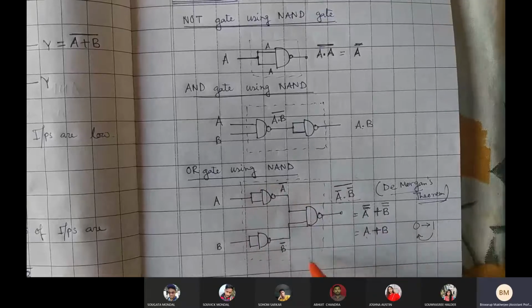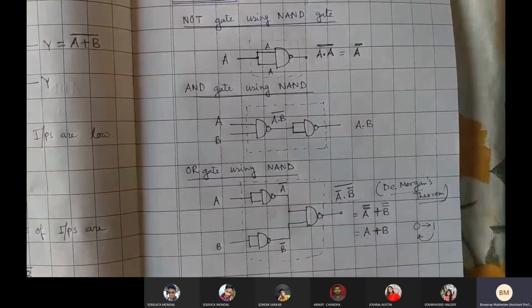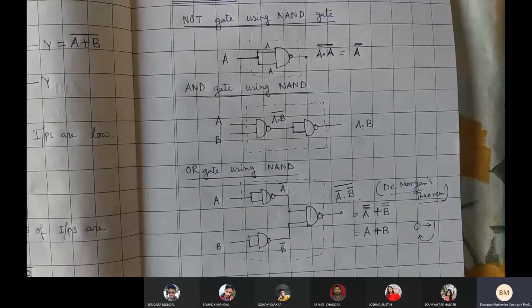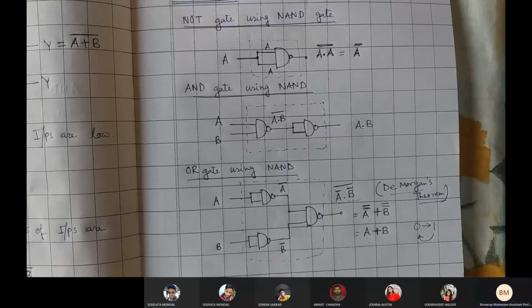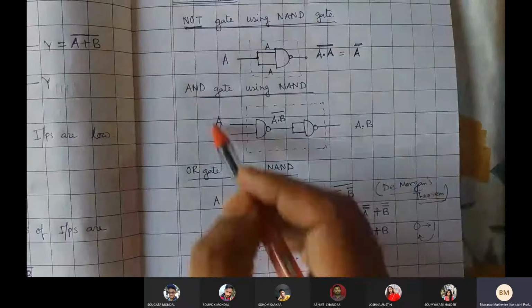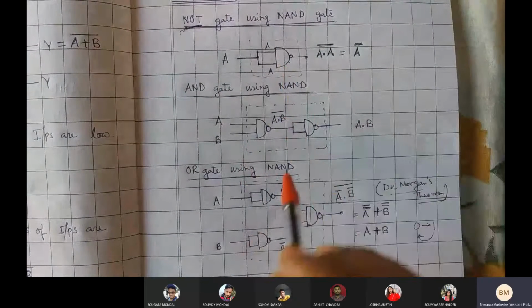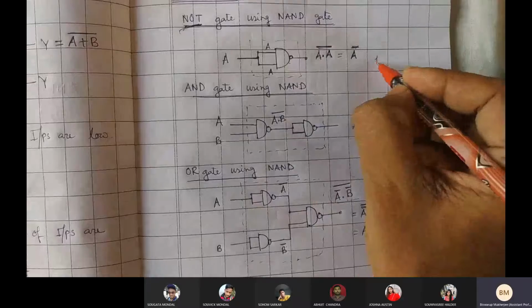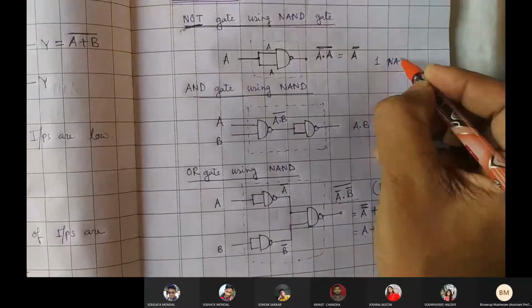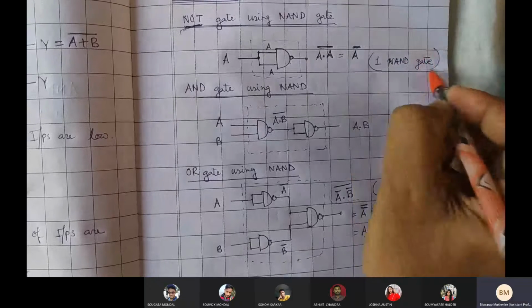Most interestingly, you have to remember these three types of circuit diagram, or schematic, because it is common for the NOR based designs also. In case of NOT gate, the number of NAND gates used is 1. One NAND gate is enough to make one NOT gate.